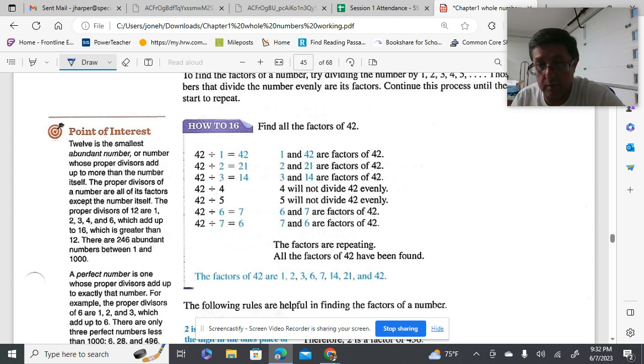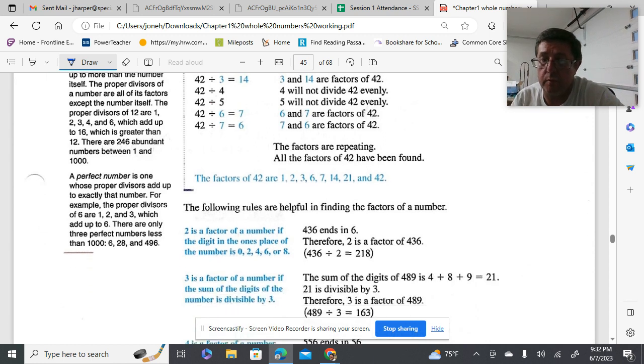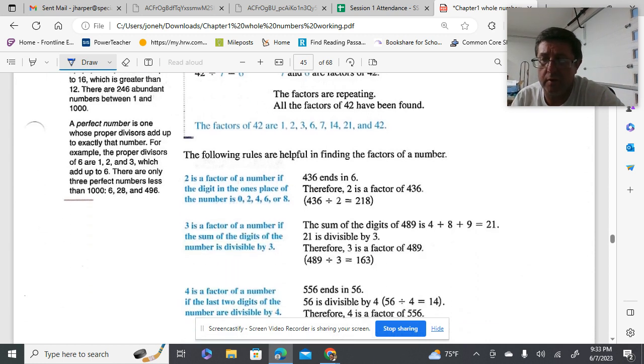It is a good thing to know, but say the factors of 2. Well, you only have 1 and 2. The factors of 9: you have 9 and 1, and then you have 3. Those are the only factors. That's the thing that bugs me about 27. 27 does have factors.